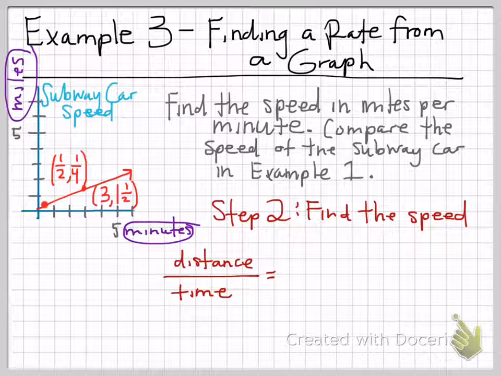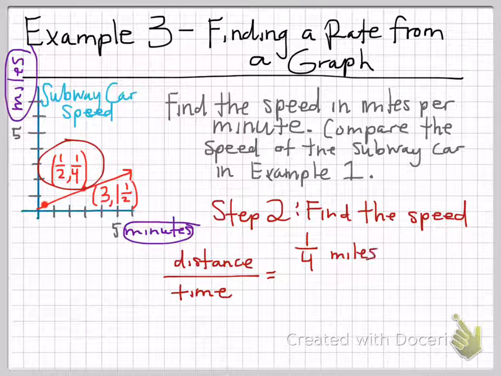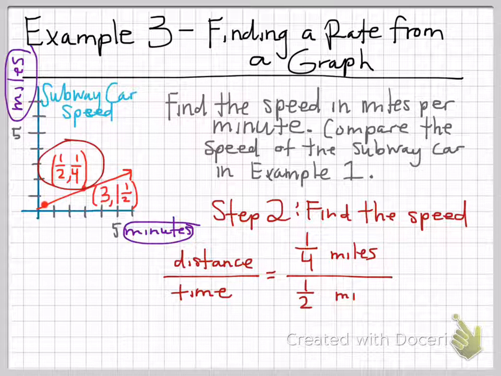Now step 2 is to find the speed. Speed is distance traveled over time passed, so distance over time. Taking our coordinates that we selected, (1/2, 1/4), we know that the distance is 1/4 miles, over the elapsed time, the time, so it's 1/2 minutes.